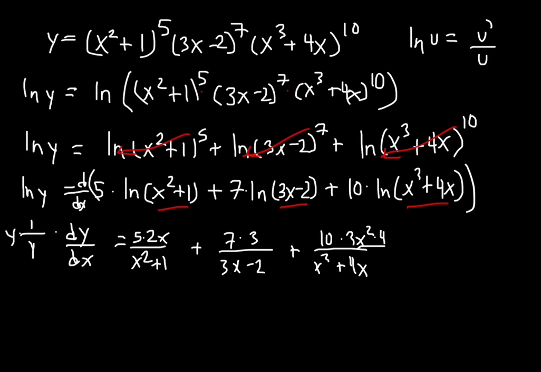So I'm going to multiply by y, and then multiply here by y. So the y variable cancels out here.